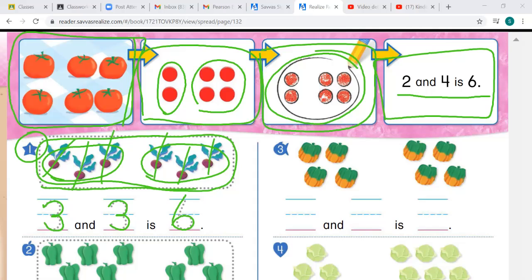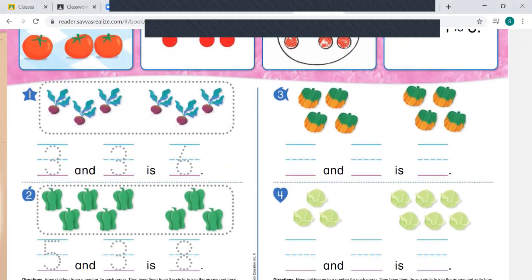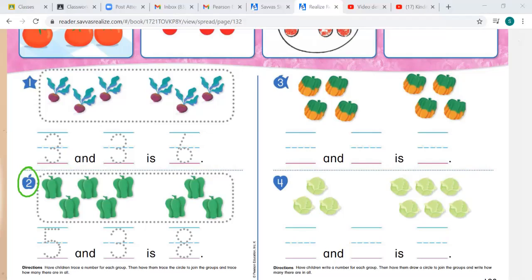All right, let's go to our next problem here. Number 2. Let me erase that so I can lift this up. You can see it better. Okay. So number 2, we have some bell peppers. We have 2 groups. In our first group here, we have 5.